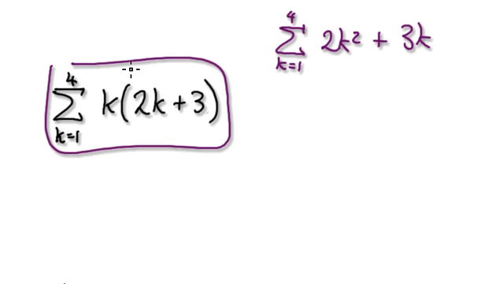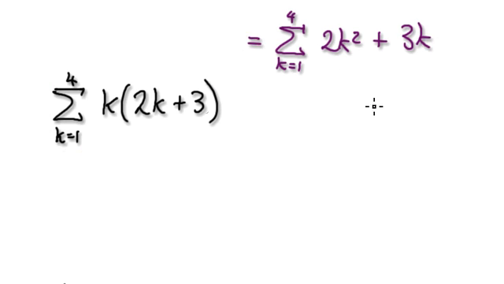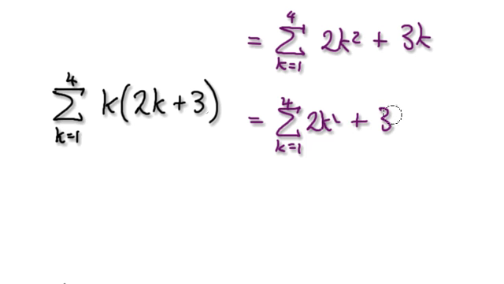Okay, so this thing here will become this, and then now this will then become this. Hang on, the sum from k equals 1 to 4 of 2k squared plus 3k.